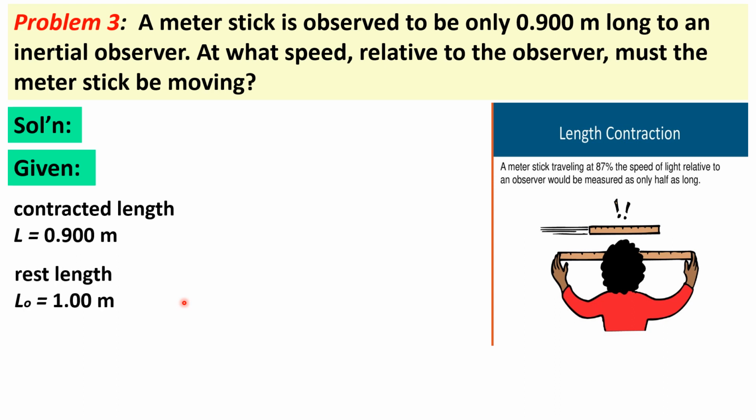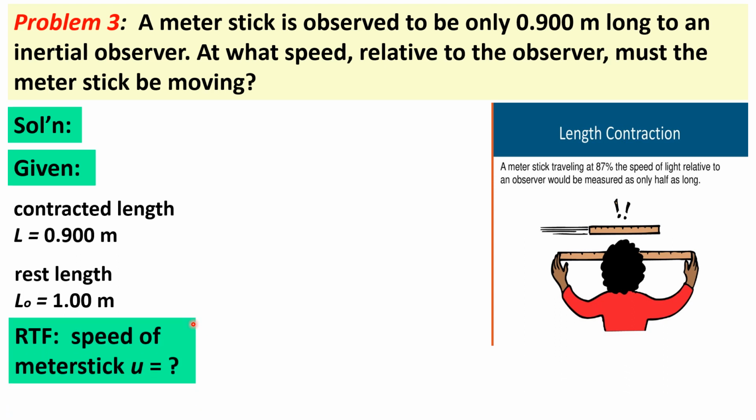Of course, its rest length, or the proper length of the meter stick relative to a frame of reference that is at rest, L naught is 1.00 meter. And we are required to find the speed u of the meter stick relative to the observer.